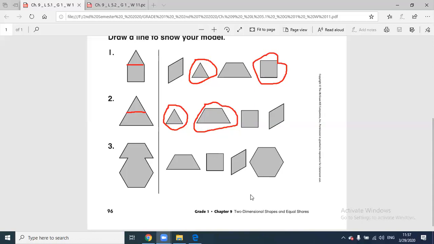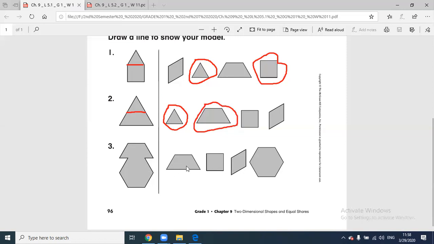Yes, Ahmed. Triangle. Two sides. Wait, one by one. Ahmed, can you answer? Two sides. Number 3: which shapes, if I draw a line, form this large one? Which first? Which one? 4.